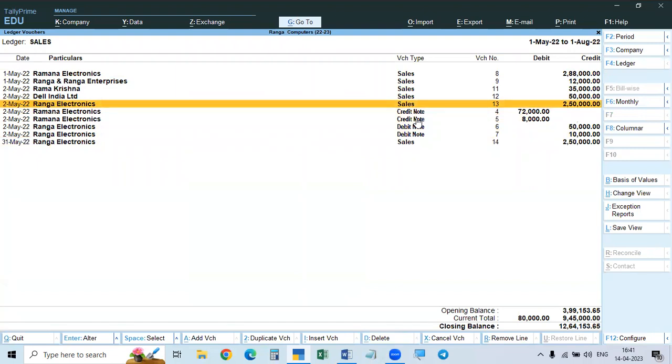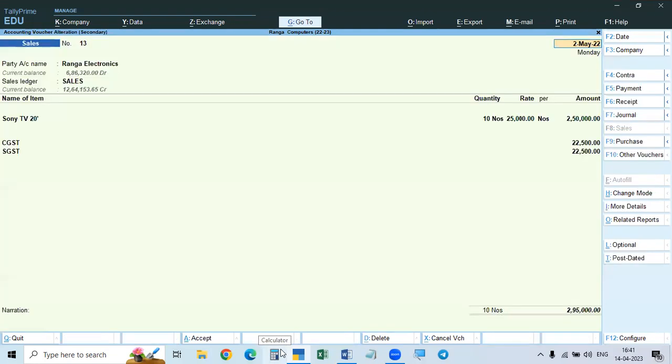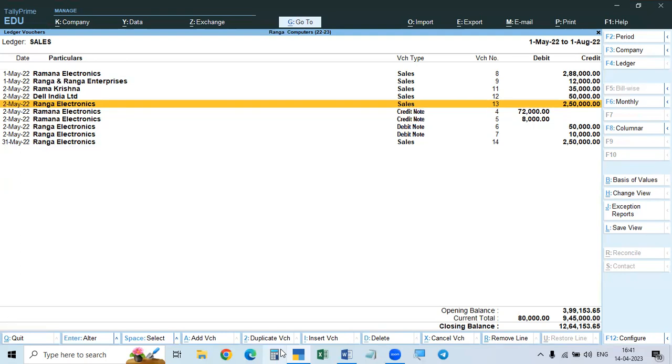At the time of sale, we will offer the customer a target in this month, that is in the month of May. If you complete a target of 20 TVs in 1 month, we will give an incentive irrespective of the quantity.